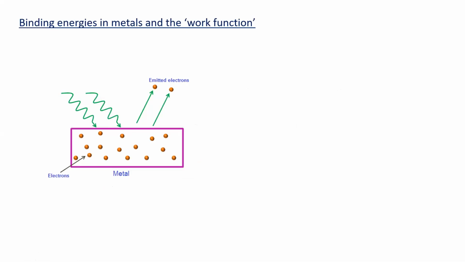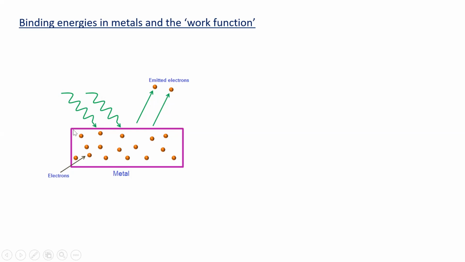Okay, before we get into what was observed for the photoelectric effect in the 1880s and 1890s, I'm going to define something for you and give you a little bit of the theory of metals. So this is a metal like the emitter in the photoelectric effect, and this is the light coming in and potentially emitted electrons if the conditions are right.